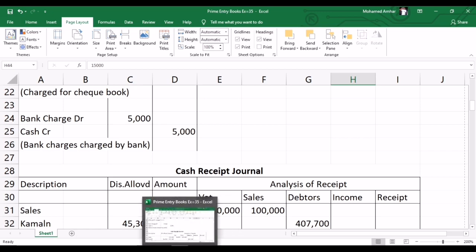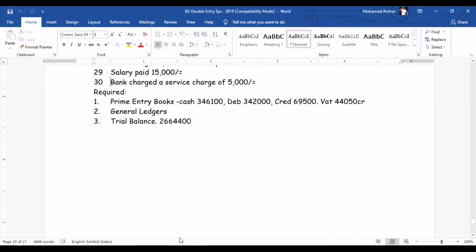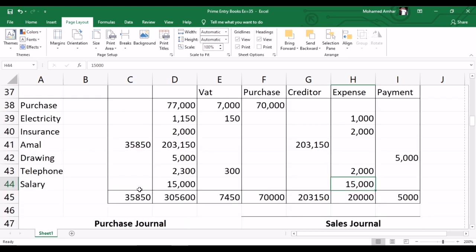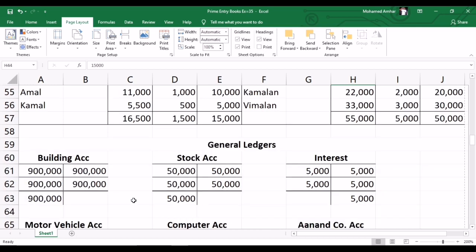Now go to the working sheet. Now we shall transfer this. Building debit 900,000. It should be debited to building account. Open a building account here, debit 900,000.